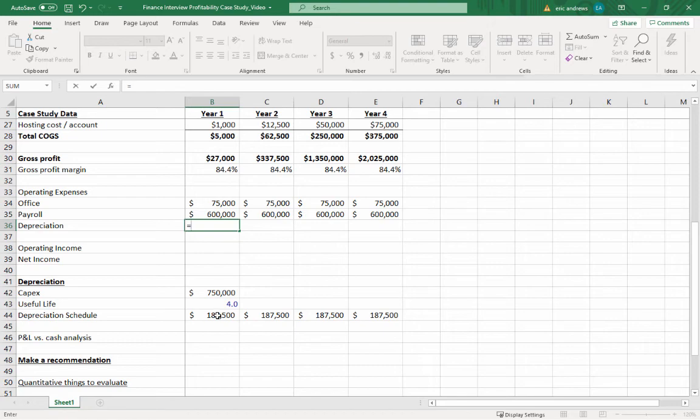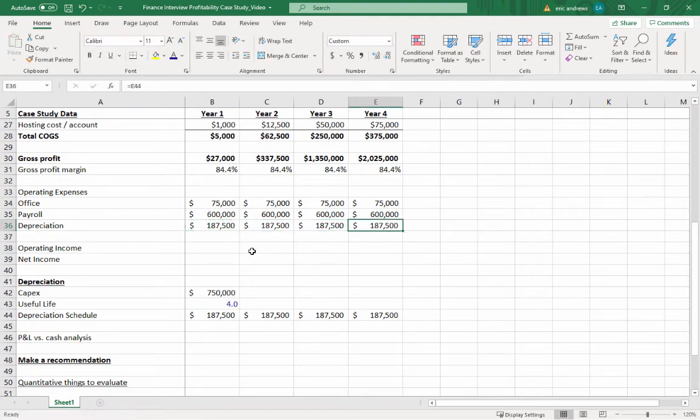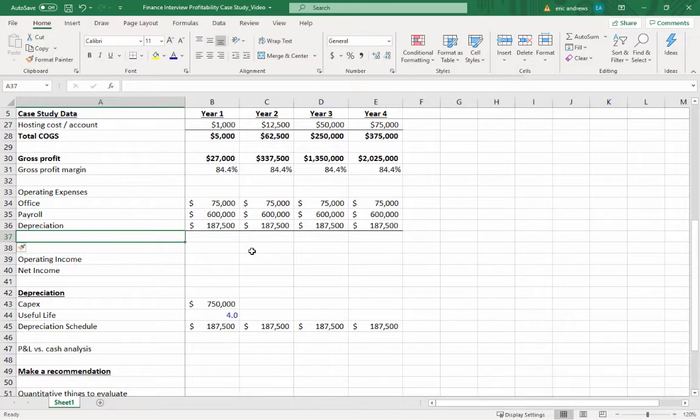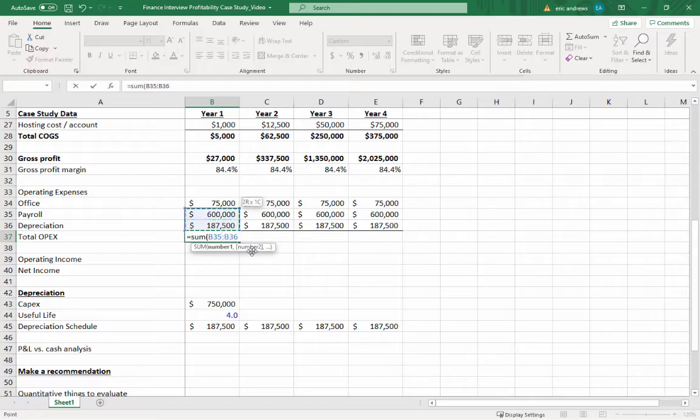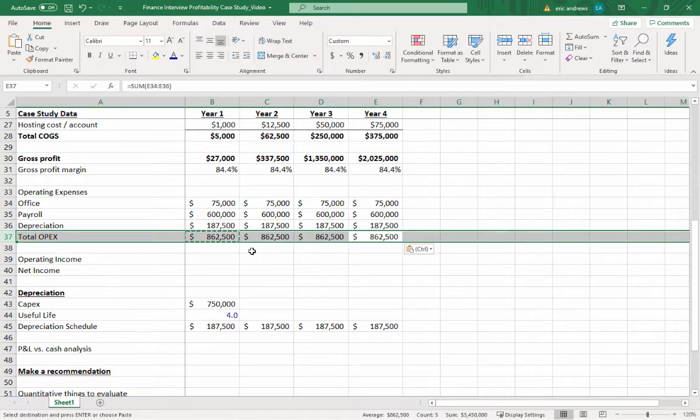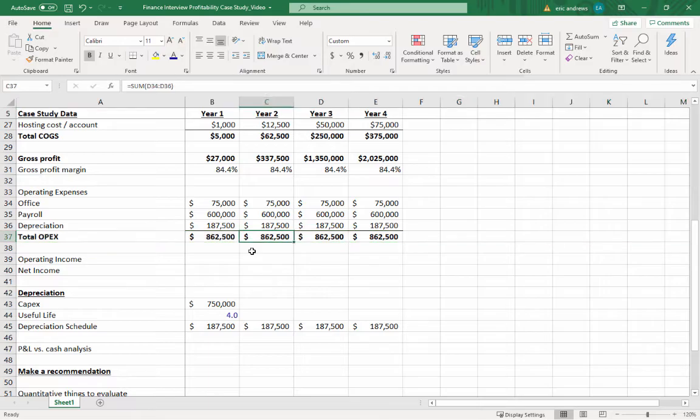Depreciation, here we go. Now that spreads that upfront investment over the useful life of the actual asset. And finally, you will have total OPEX. If we spread this out, you can see that each year it's $862,000.